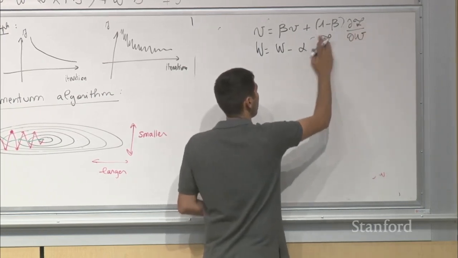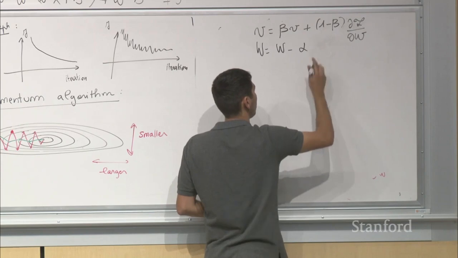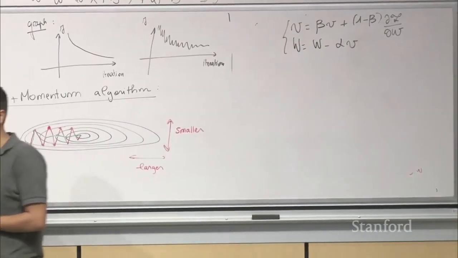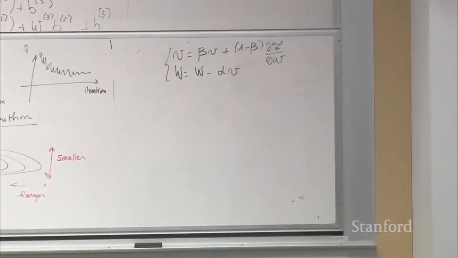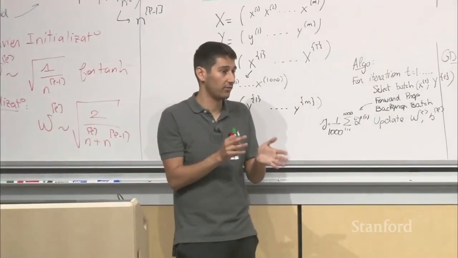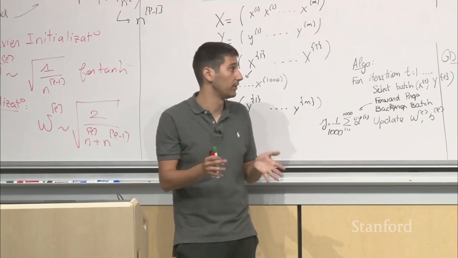So we're going to use that. And instead of the update being the derivative directly, we're going to update the velocity. The velocity is a variable that tracks the direction that we should take regarding the current update and also the past updates, with a factor beta that is going to be the weight.